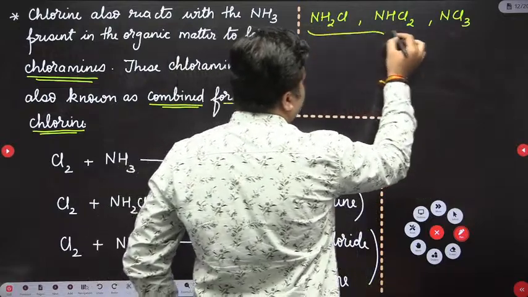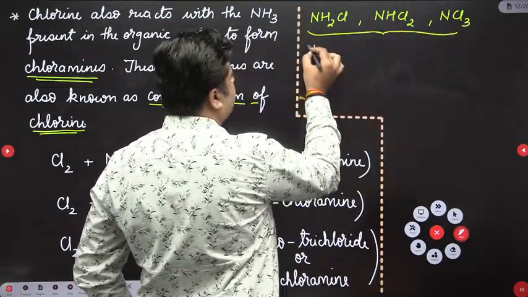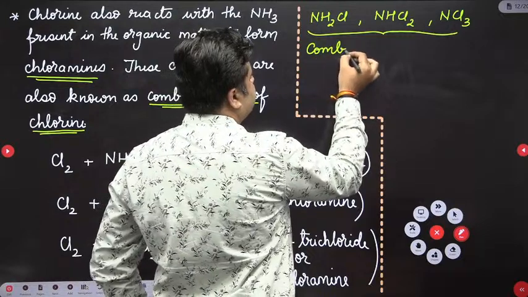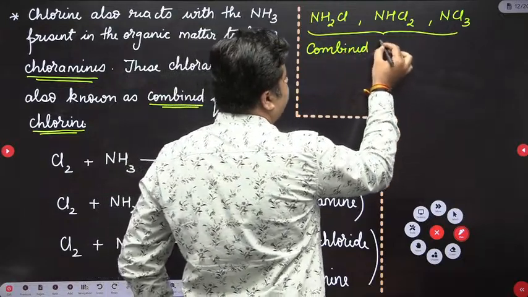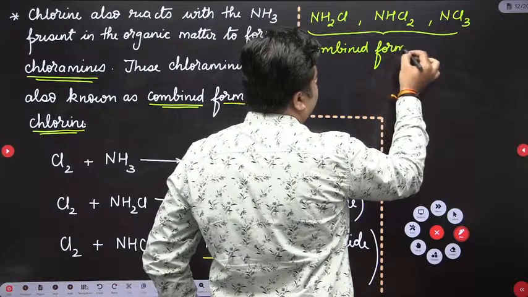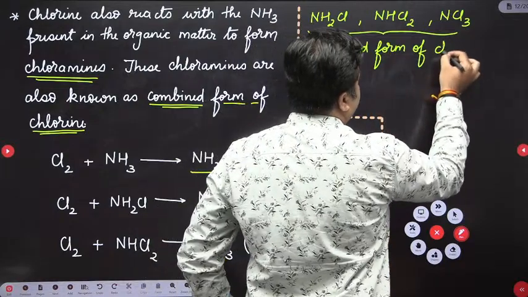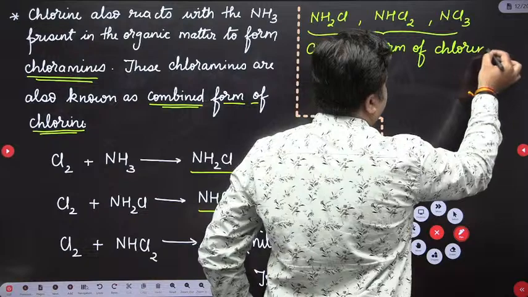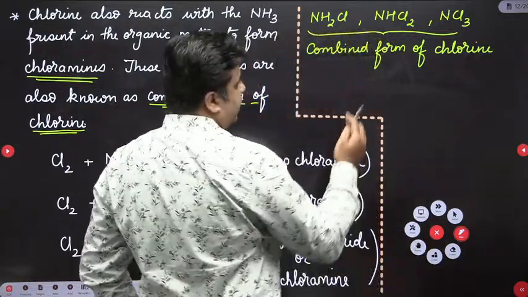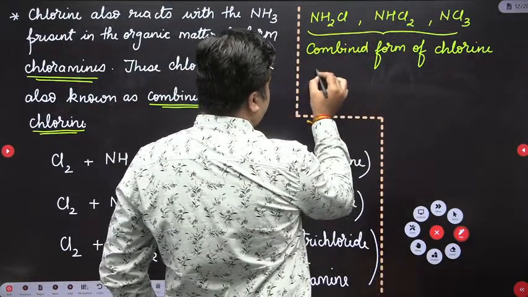All these are known as combined form of chlorine, and these are also known as chloramines.